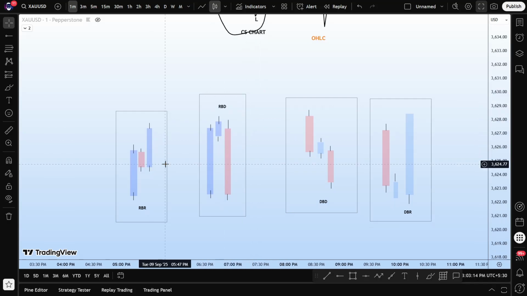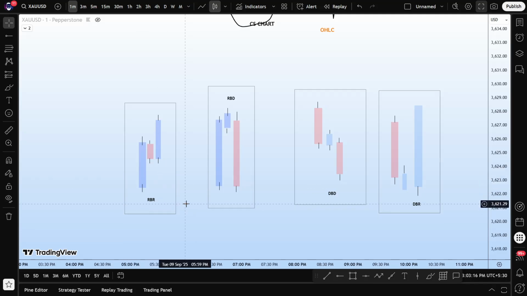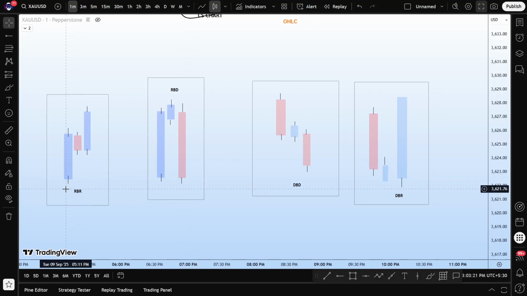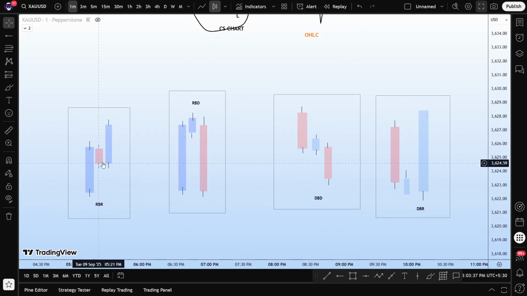In supply and demand, we have the very basic four types: a rally, base, and a rally, and another type, which is a rally, base, and a drop. And for the bearish view, we have a drop, base, and a drop, and a drop, base, and a rally, right? So if we look at this, what is happening?